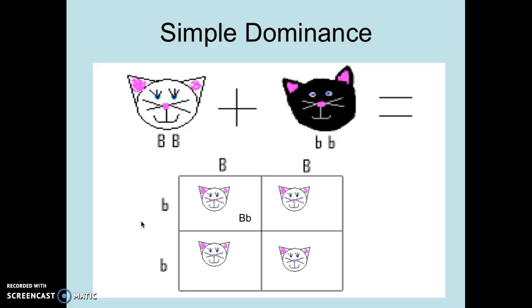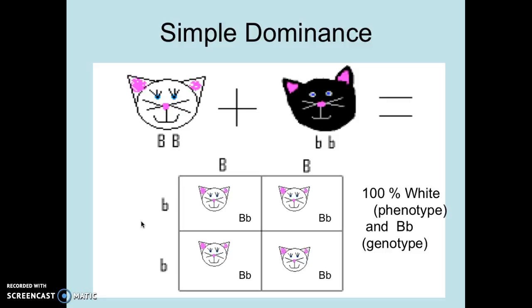But because each one takes one allele from each parent, they will be heterozygotes. So they produce 100% white phenotype. That is what we can observe, and their genotypes are heterozygotes, capital B, little b.